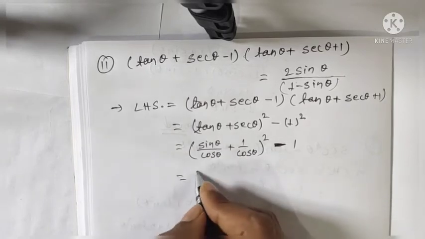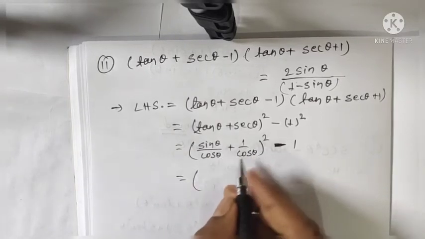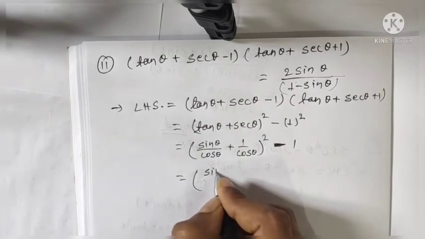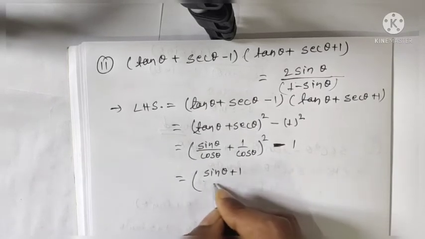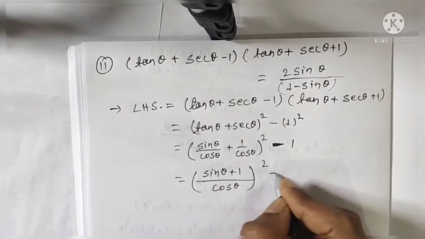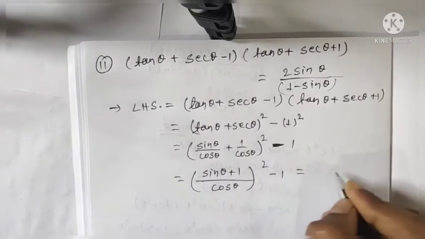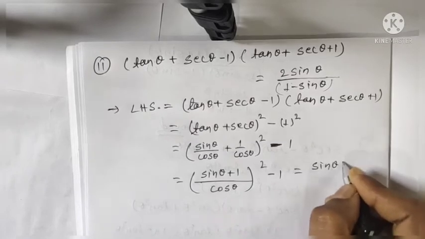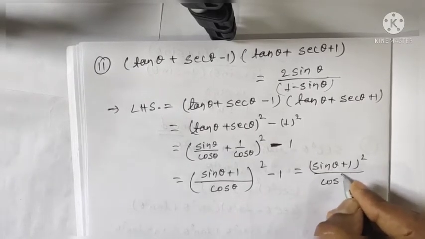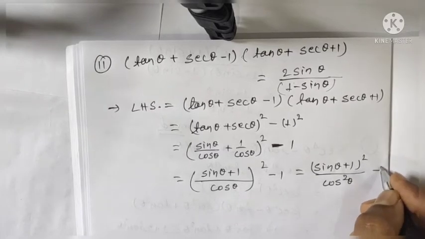Now by taking LCM as cos theta, then it will be (sin theta plus 1) by cos theta whole square minus 1, which is equal to (sin theta plus 1) whole square by cos square theta and then minus 1.